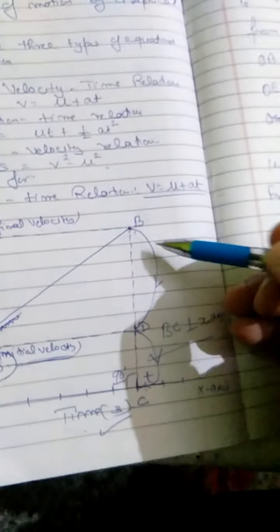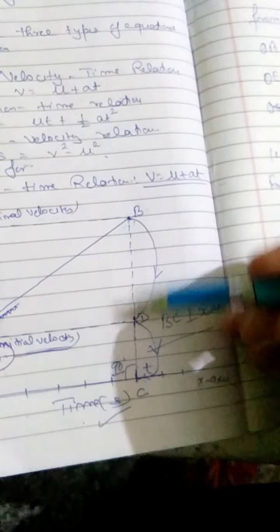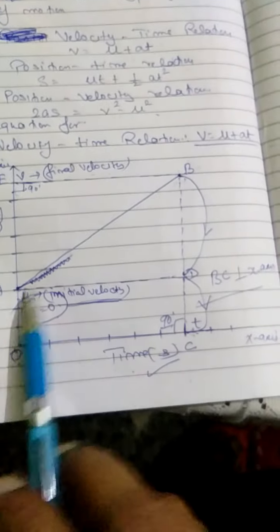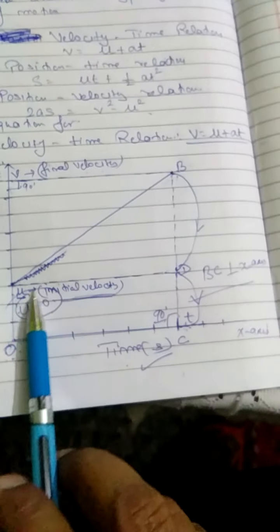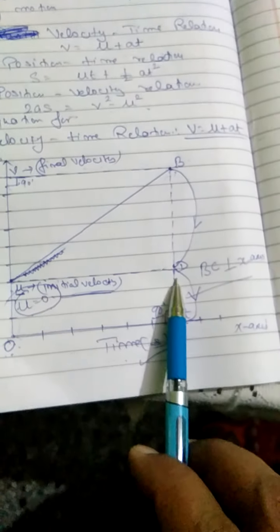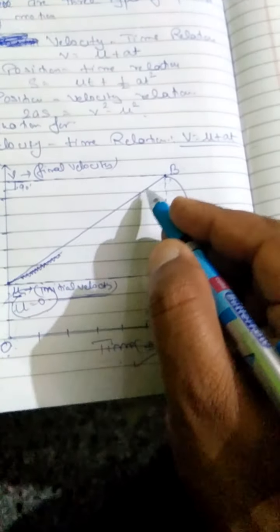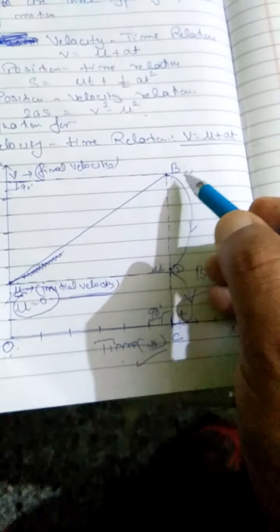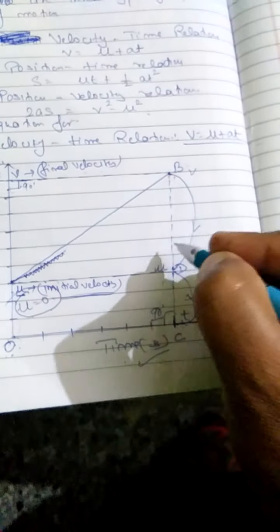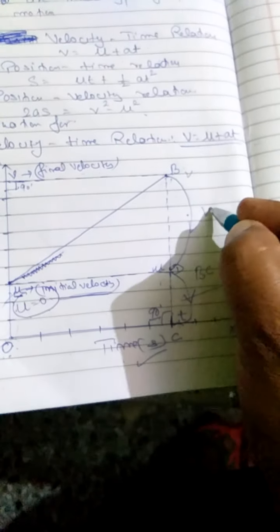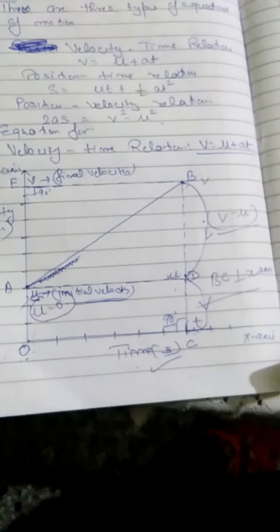So where will we see the change in velocity? Change in velocity is this part BD, because the velocity changes from here to here. If here it is U, so here is also U. Here it is V, so here is also V. So change in velocity, final minus initial, that is V minus U. That is the change in velocity, that is BD.